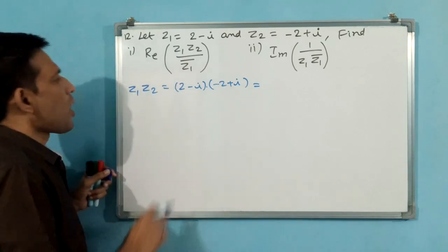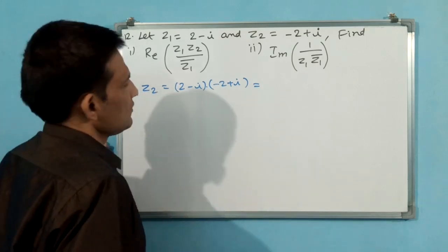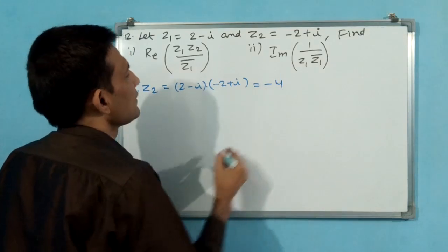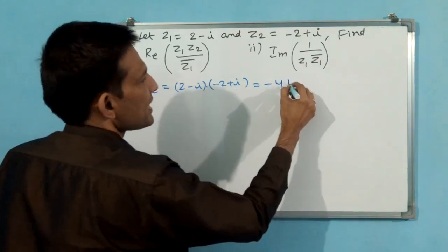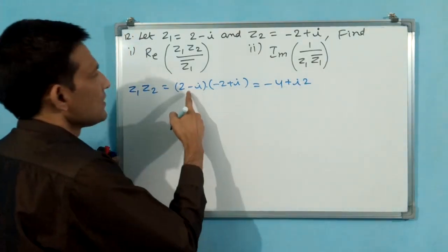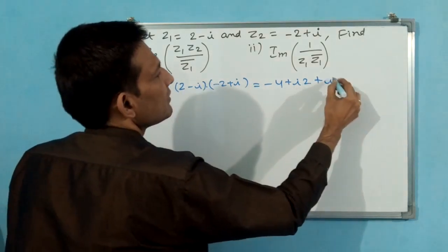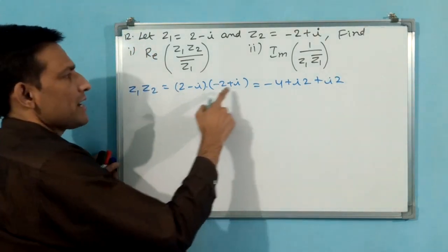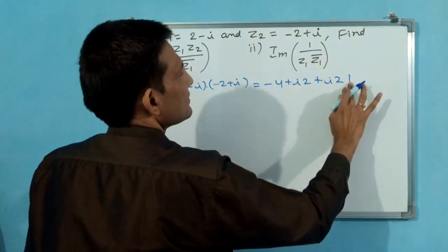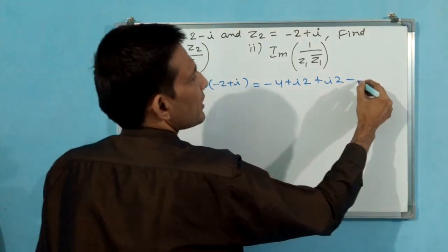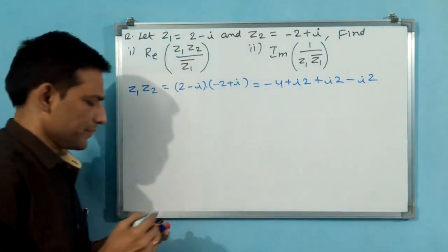Okay, (2 minus i) into (minus 2 plus i). 2 into minus 2, minus 4. 2 into i, plus 2i. Minus i into minus 2, plus 2i. Minus i into i, minus i square. Is it okay?